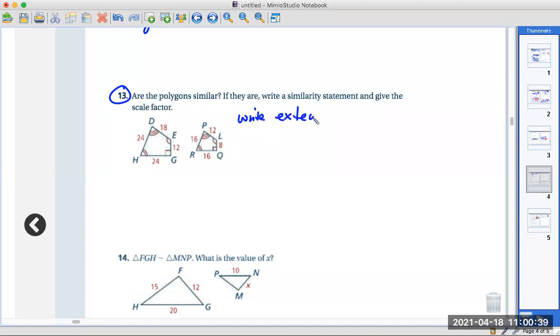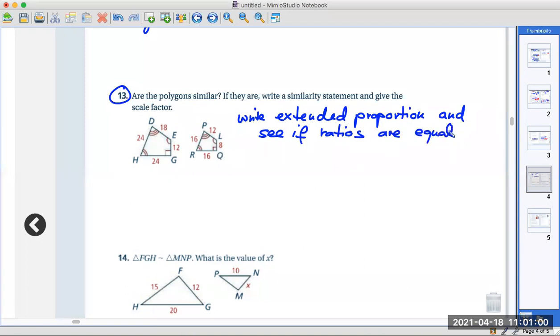Extended proportion, and see if ratios are equal. If they are equal, you have similar. If they're not equal, they're not similar. And then if they are similar, you got to give the scale factor.